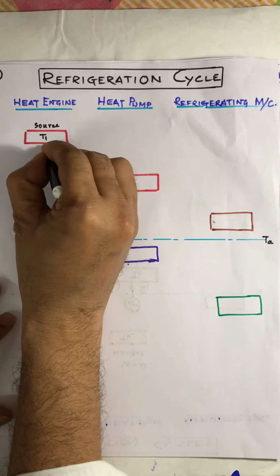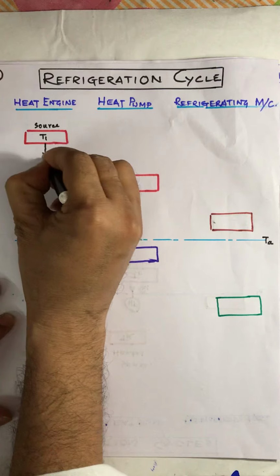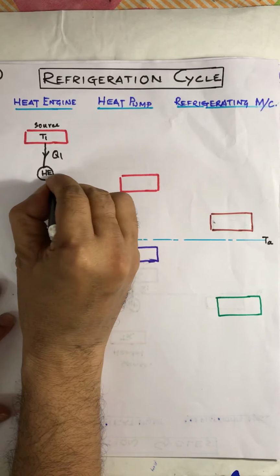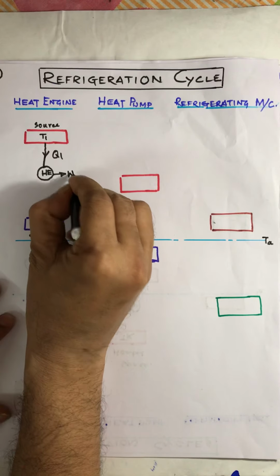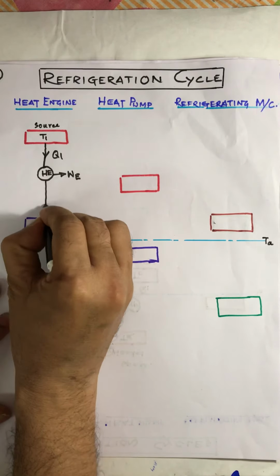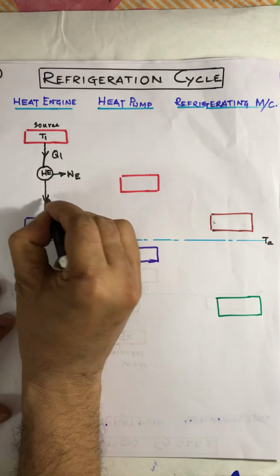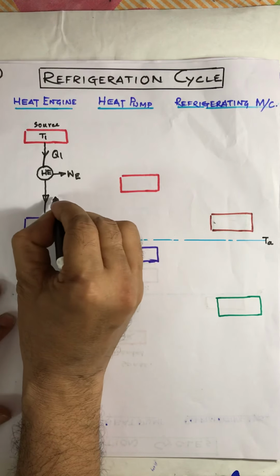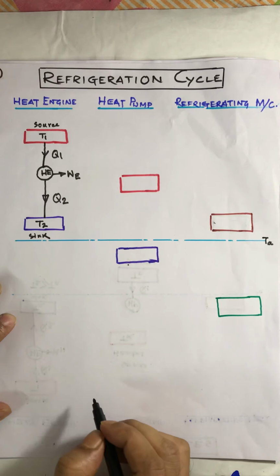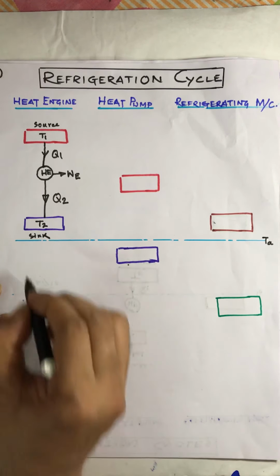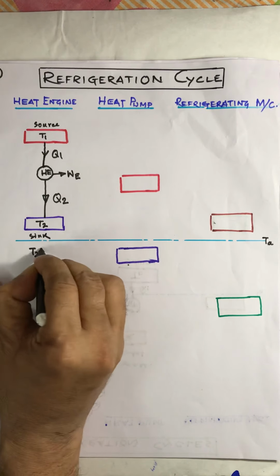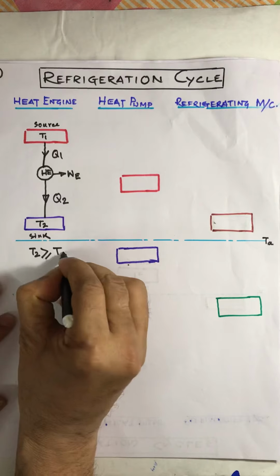Say Q1 amount of heat will be supplied from the source at T1 temperature and it will develop WE amount of work, and Q2 amount of heat will be rejected to the sink at temperature T2, and we can say T2 is greater than or equal to TA.